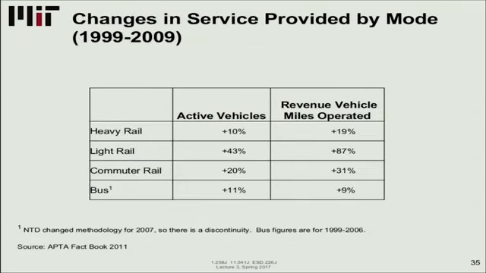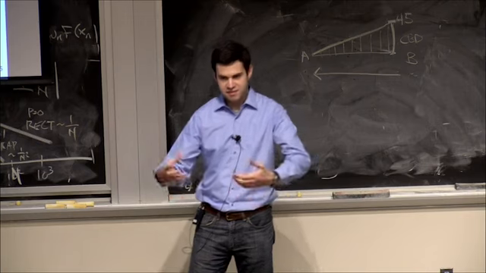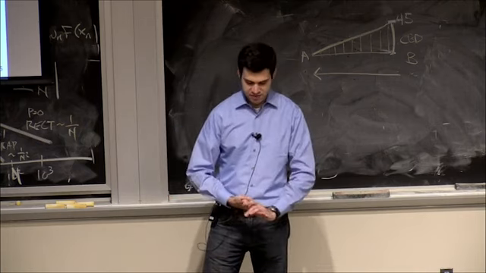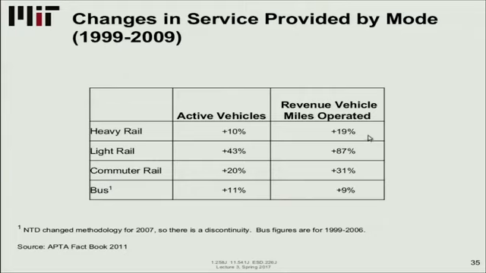If you look at what has happened from 1999 to 2009, so 1 decade, the number of active vehicles grew 10%. So the investment, the supply in heavy rail, grew by 10%. Supply measured in another way, revenue vehicle miles operated, grew 20% or 19%.